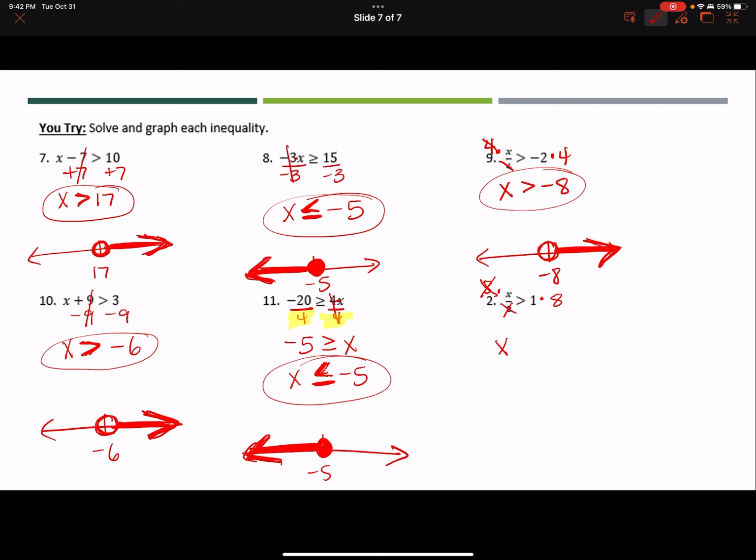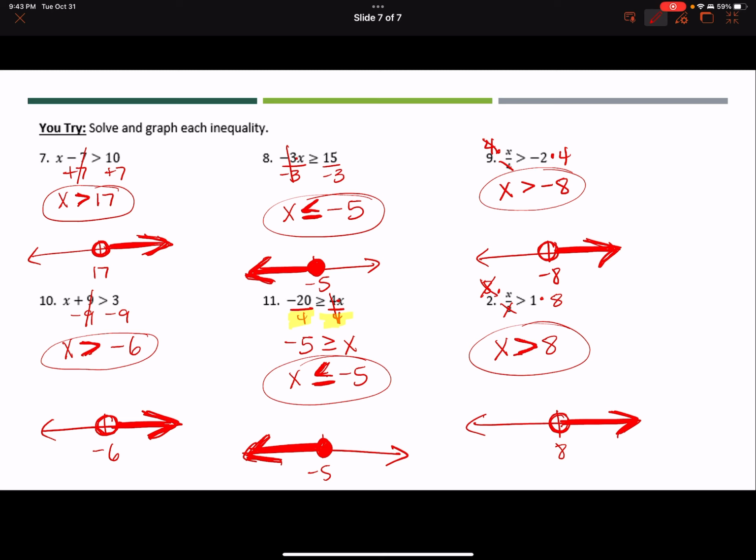So I just have x is greater than 1 times 8. The x is on the left-hand side already, so that's good. x is greater than 8 gets an open circle. And because the x is on the left, I'm shading over to the left. So there's my graph.